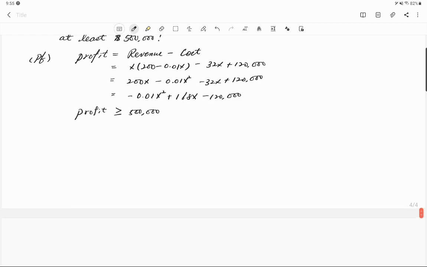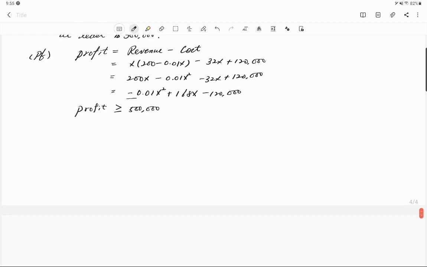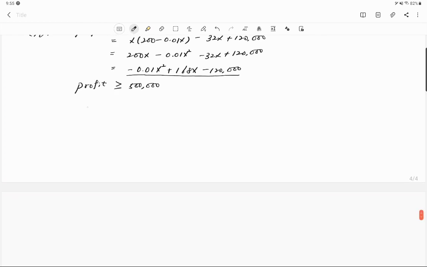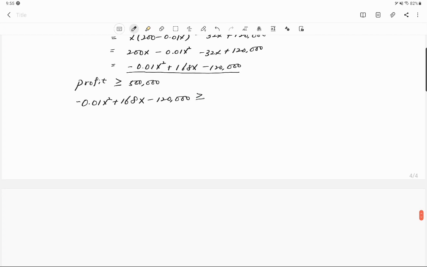Based on this information, let's replace this expression for the profit. We can write it like this: negative 0.01x squared plus 168x minus 120,000 should be greater than or equal to 500,000. And then solve for x.